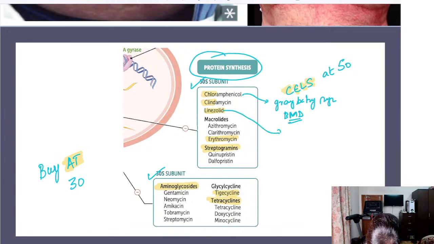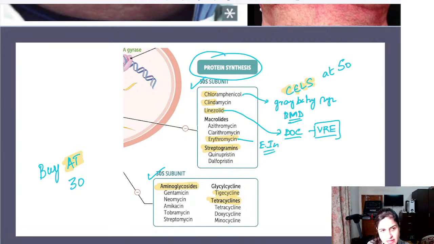Linezolid, if I say, it is the drug of choice for VRE. ठीक है, vancomycin resistant enterococci, ये important चीज़ है इसके लिए. मैक्रोलाइट्स के बारे में, these are your basically enzyme inhibitors हैं, QT prolongation से associated हैं. These are certain important things about them.